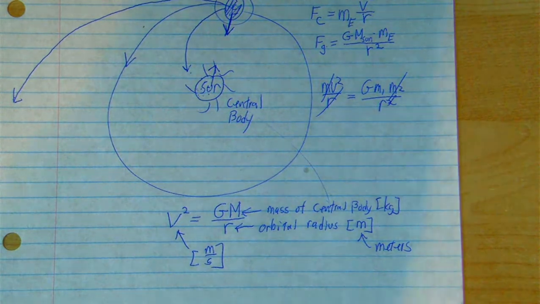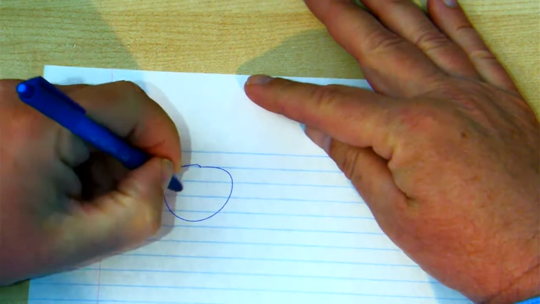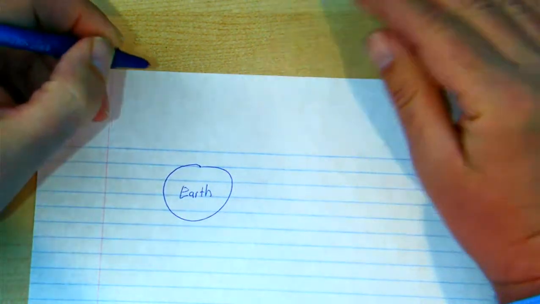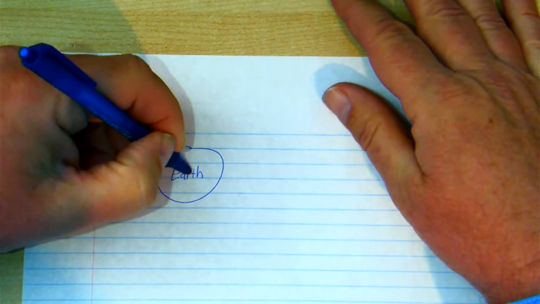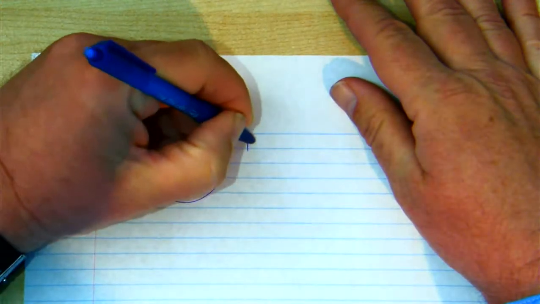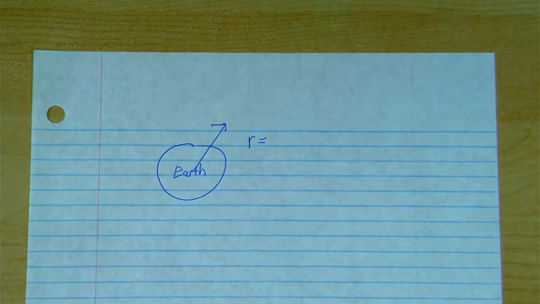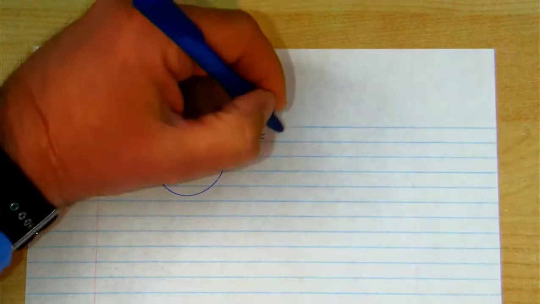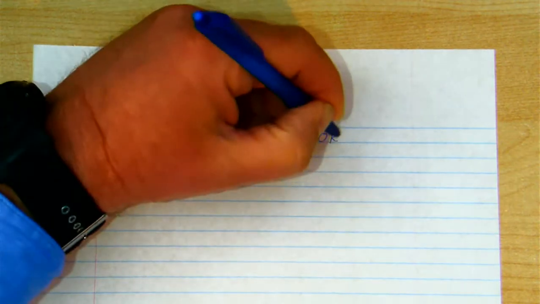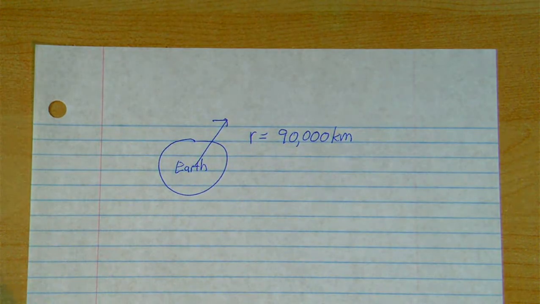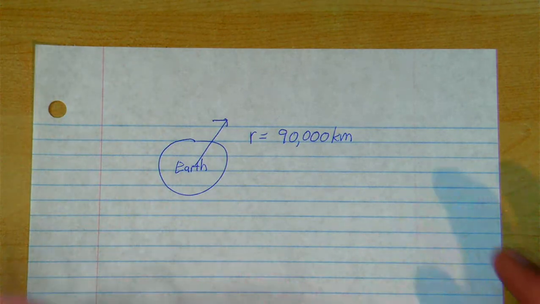Meters per second. Let's do a fine example with the Earth, and an object orbiting the Earth at a radius of a randomly selected value of 90,000 kilometers, which puts it about a third of the distance to the Earth's moon.